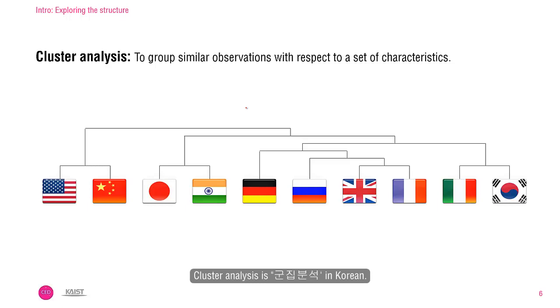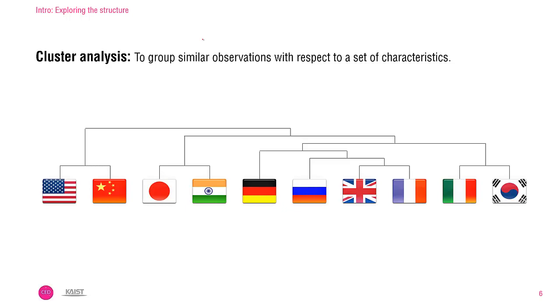Cluster analysis is 군집 분석 in Korean. In cluster analysis, the Euclidean distance between observations is the base to make a group. But in factor analysis, the correlation coefficients do the job.